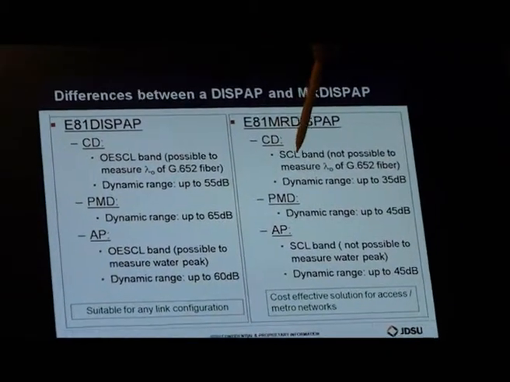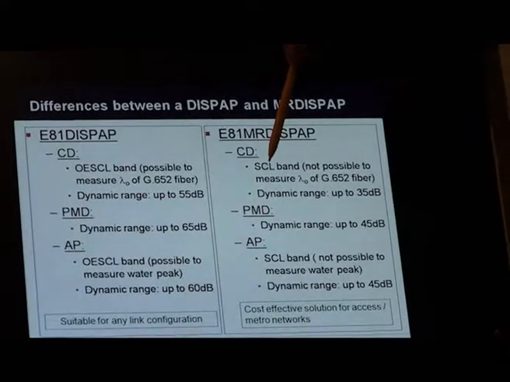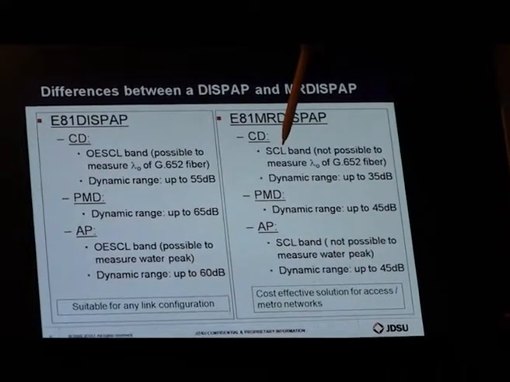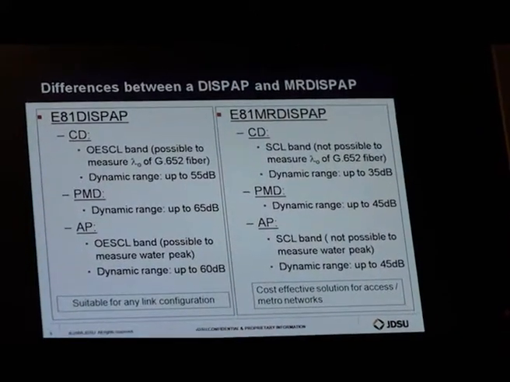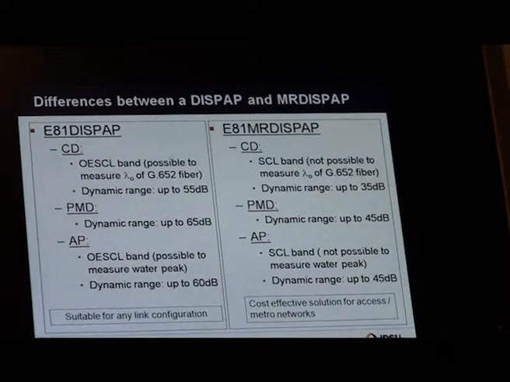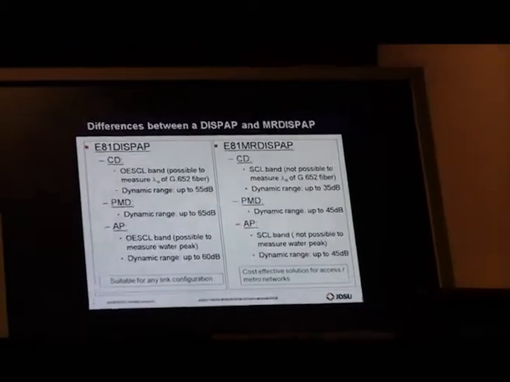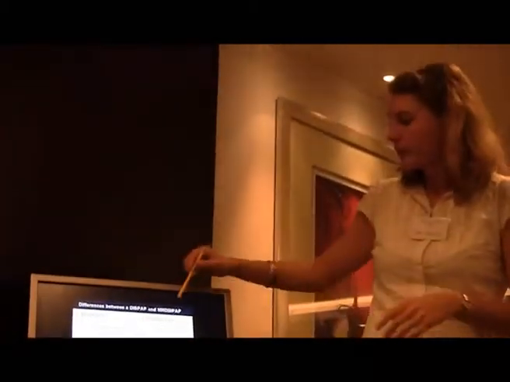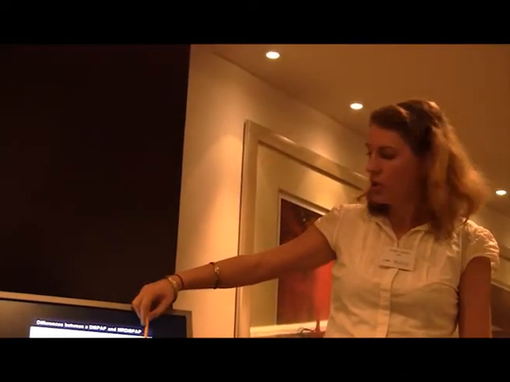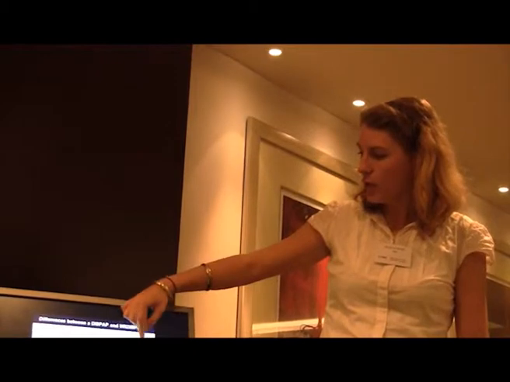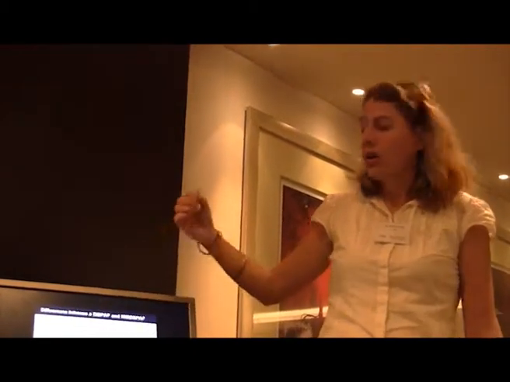For chromatic dispersion, it will measure the SCL band only, so not the 1310 nanometer area. It will measure everything above 1416 nanometer, meaning that it will be focusing on the 1550 nanometer area. And you see the dynamic range, there is a big difference in terms of dynamic range: 35 dB, 45 and 45.